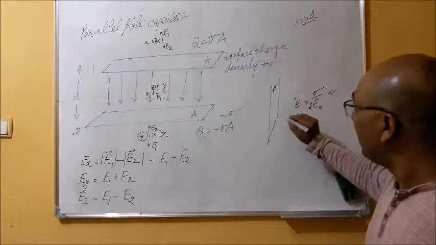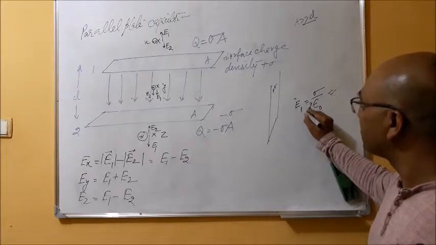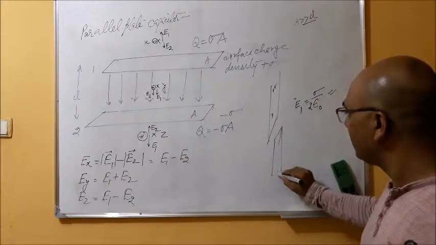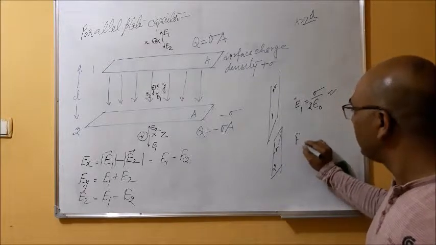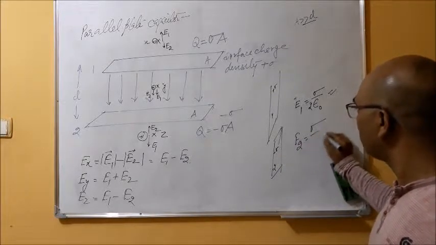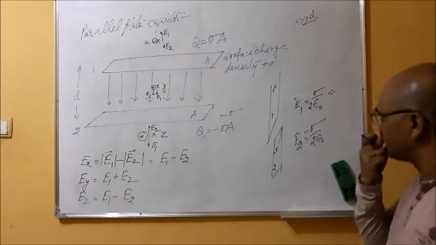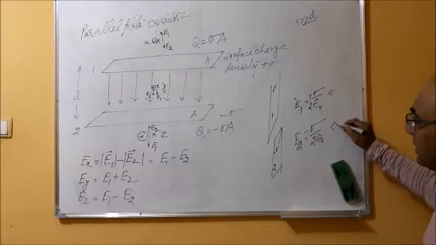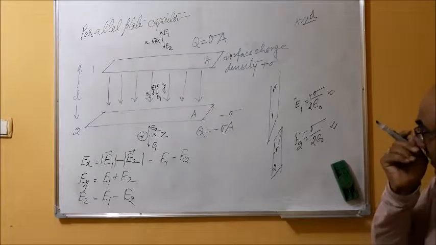So you see, this value is due to this plus charge, so I am calling this E1, this is surface 1, and similarly if this is surface 2 with minus sigma, the value is given by sigma upon 2 epsilon naught with a minus sign. If this is plus charge, then this value is positive. If this is negative charge, then this value is negative.